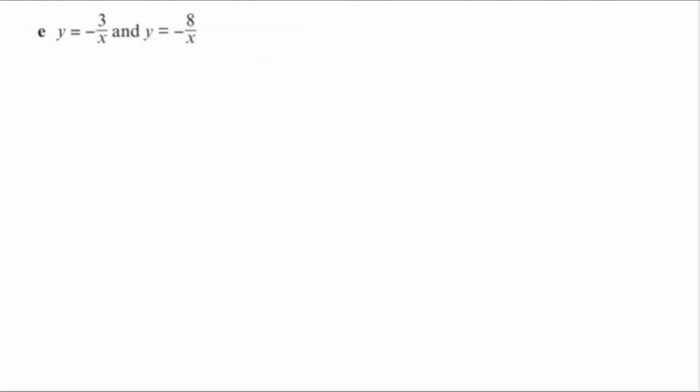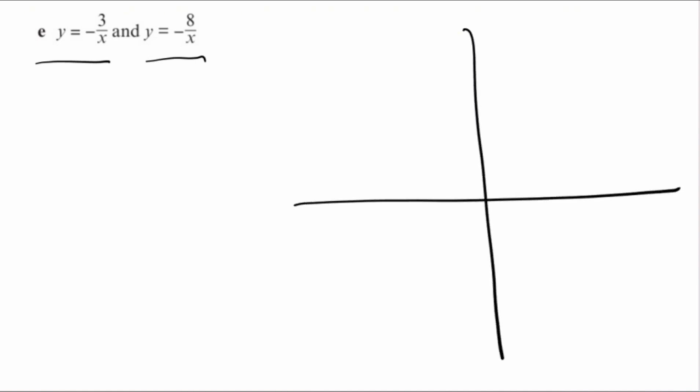Now let's sketch the graphs y is equal to minus 3 over x and y is equal to minus 8 over x. First, sketch the x-axis and y-axis. Now the first thing we should know: this is a negative reciprocal graph, meaning it will come in the second and fourth quadrants. That's the first thing we should do.